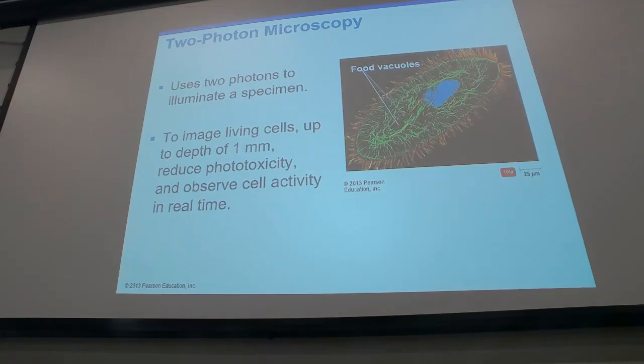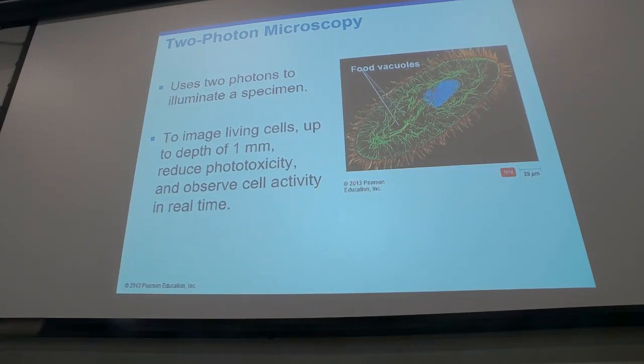Now, we have 2-photon microscopy, in which you use 2 rays of light, or 2 photons, and it can image living cells up to 1 millimeter in depth. So these photons are not as strong, and it helps you to see the activity of the cells in real time.